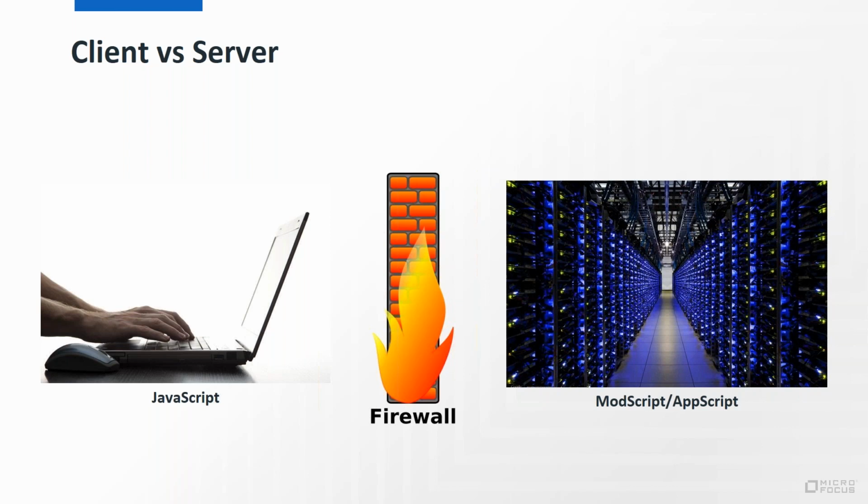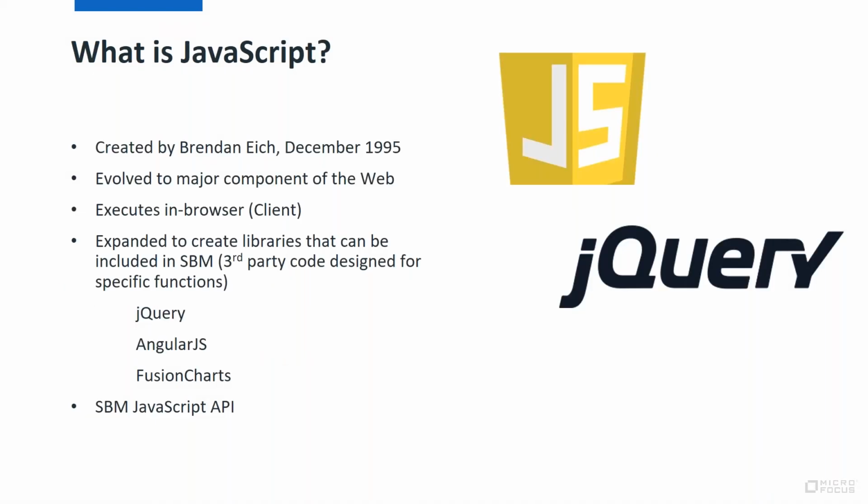It's going to be using up the server CPU cycles to perform those actions that you've defined. Now, the very cool thing that we've introduced with ModScript specifically is the ability to write JavaScript that actually executes that ModScript on the server. And so we're just making a simple web service call. So there are ways to trigger that interaction beyond the firewall, but definitely they execute in their own specific areas.